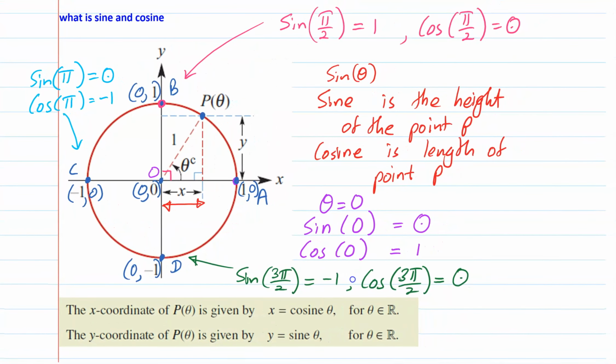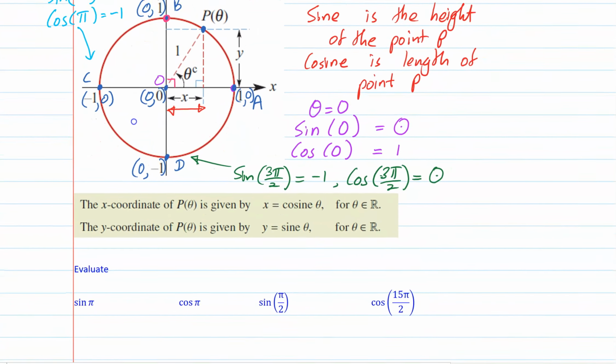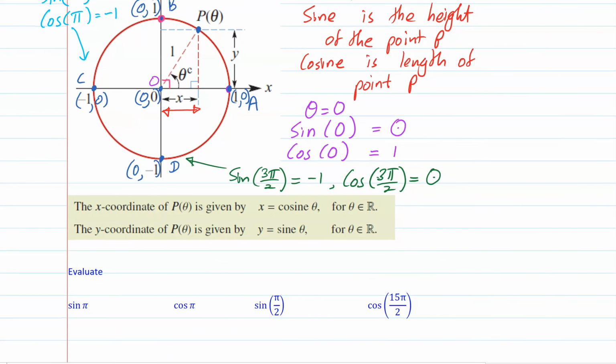Now we are going to look at the examples. Let me recap quickly. Sine and cosine. Sine is the height, cosine is the length, the horizontal length. Well, that is basically given here. Now we are going to evaluate these values. I'm going to refer to these points. That makes much more sense for us to work on. Sine pi, we looked at that earlier.